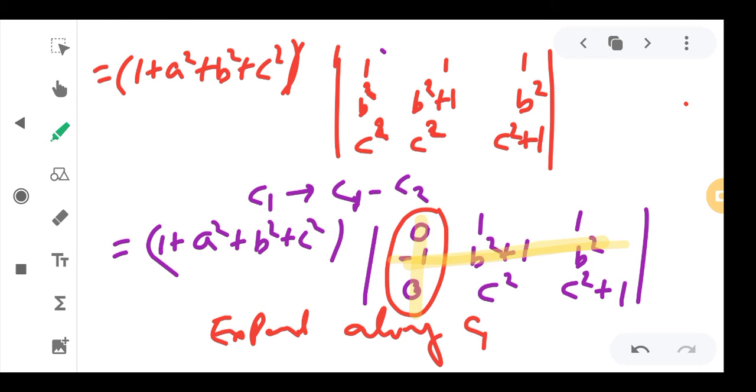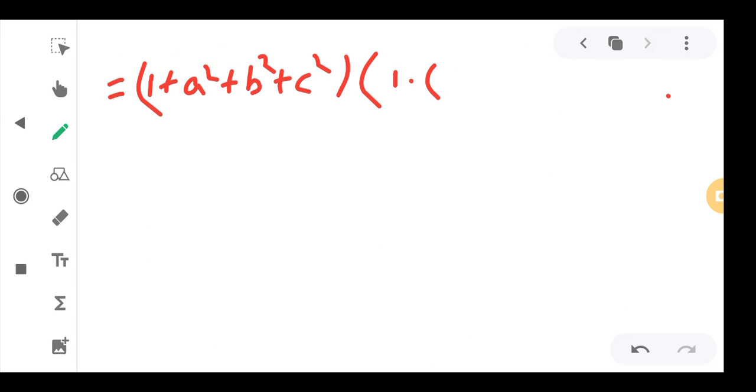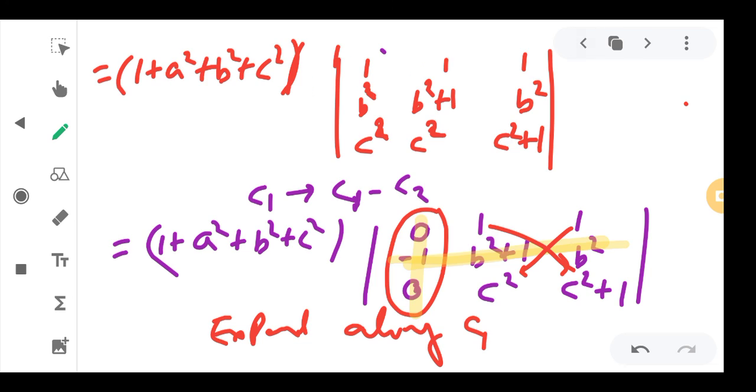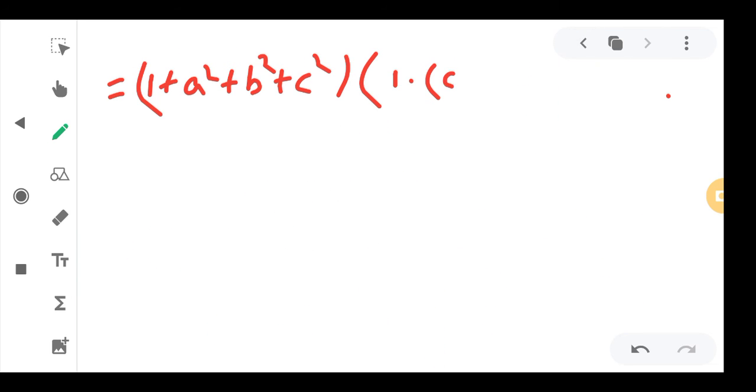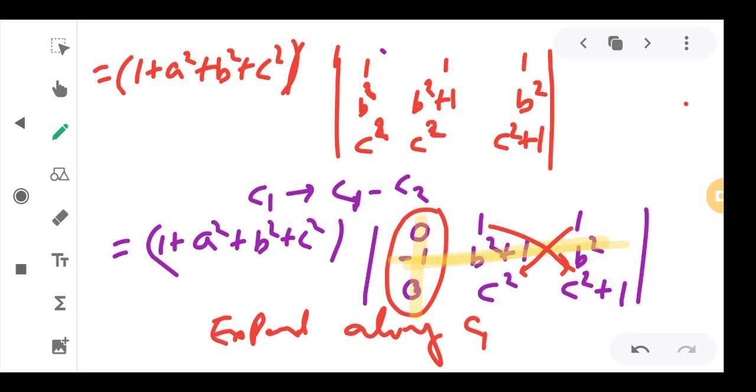Okay, then how do we multiply? 1 with this c square minus 1, and then 1 into c square, correct? 1 into c square plus 1 means c square plus 1, and minus 1 into c square is c square.